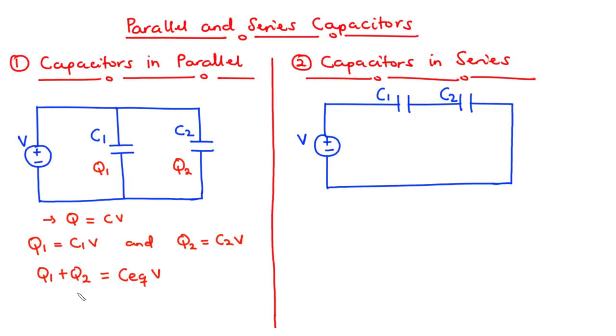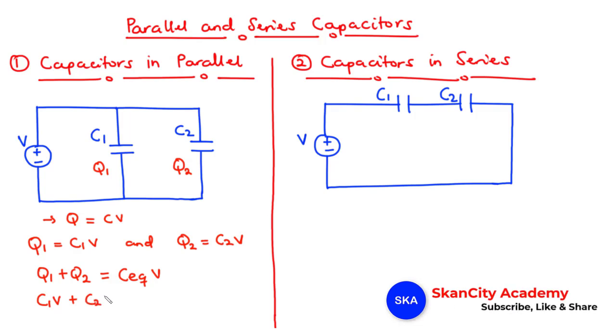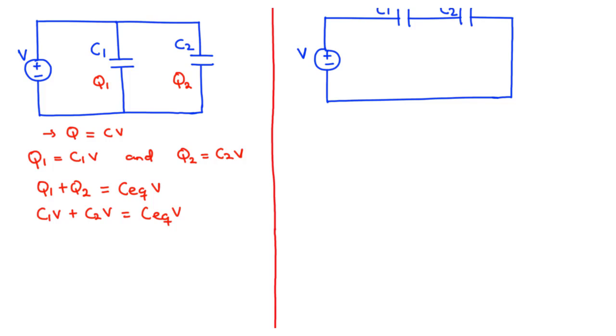Now, if we replace Q1 and Q2 by C1 V and C2 V, then we have C1 V plus C2 V equal to C equivalent V. At this point, V is common to each of the terms, so we can cancel out V so that we have C1 plus C2 equals C equivalent.